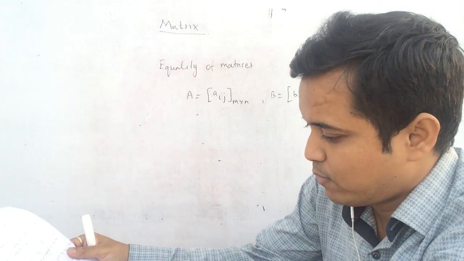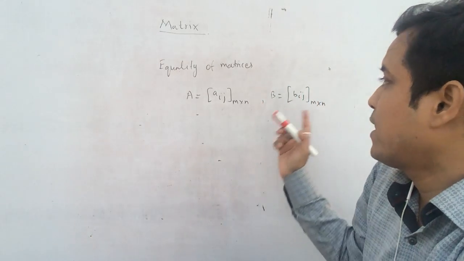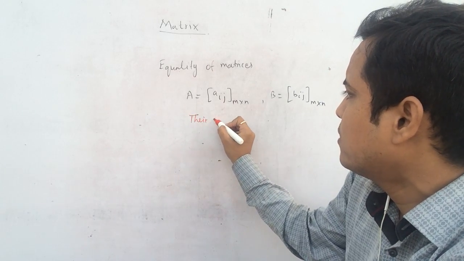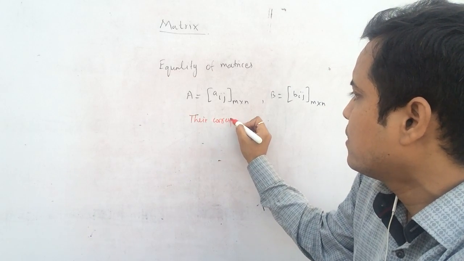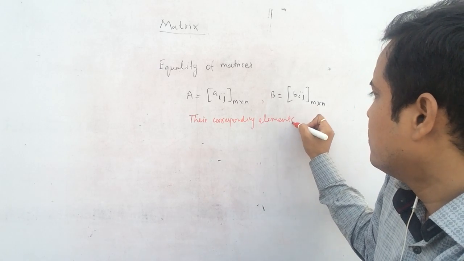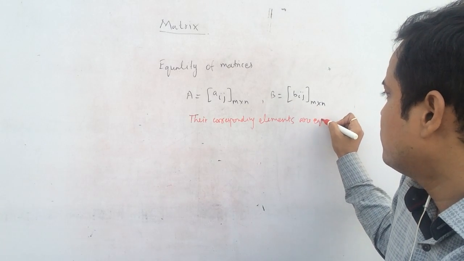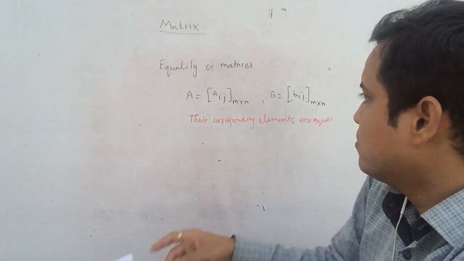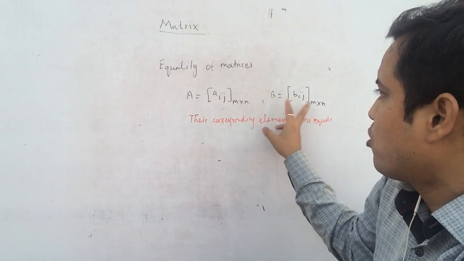So for equality of matrices, their corresponding elements are equal. So how would you justify it? Here you need to check whether they have the same order or not.